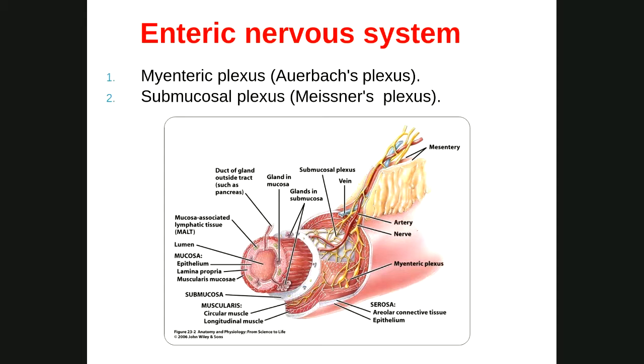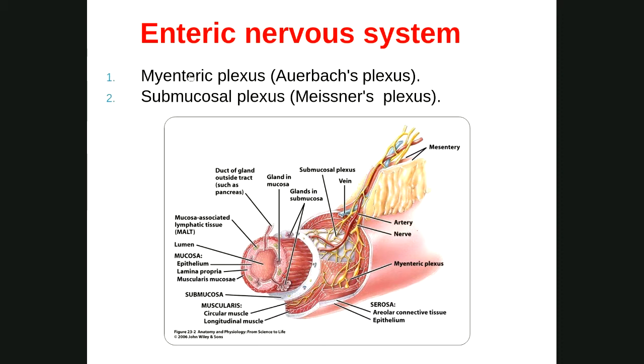So it is important for you to remember the enteric nervous system, which is within the walls of the layers in the gastrointestinal tract. One of them is known as the myenteric plexus. The myenteric plexus controls the peristalsis and the movement within the gastrointestinal system.